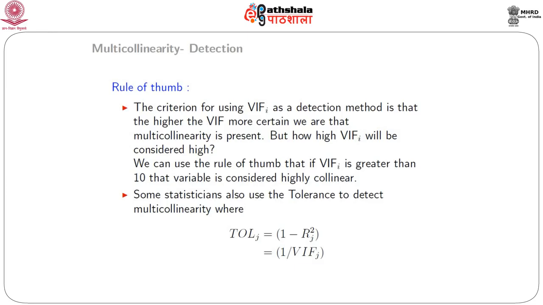But when I say high, I have to give you a threshold value beyond which, if VIF reaches, then we say that multicollinearity is present. So we can use as a rule of thumb, VIF greater than 10 suggests highly multicollinear predictor variables. Also, tolerance, which is given by 1 divided by VIF, we can use the highest possible value of admissible VIF and decide on a cutoff for tolerance.